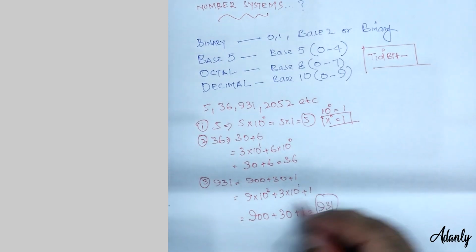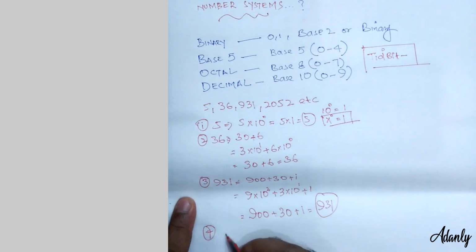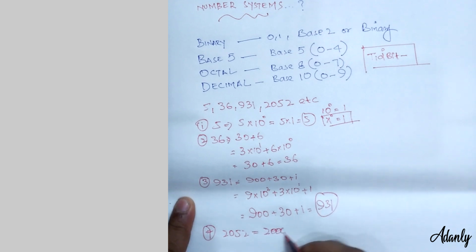Another example, example number 4, could be 2052 equals 2000 plus 50 plus 2.